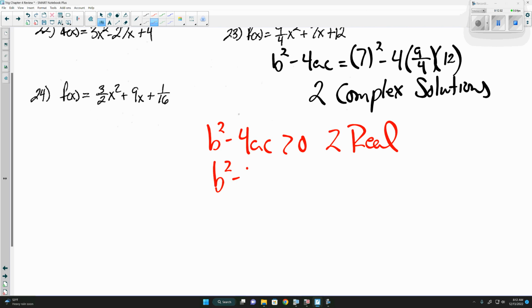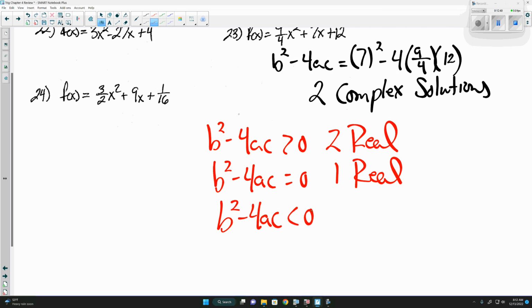If b squared minus 4ac is equal to 0, we have 1 real. And if b squared minus 4ac is less than 0, we have 2 complex, or 2 imaginary solutions. So it's really just finding that value and going from there.